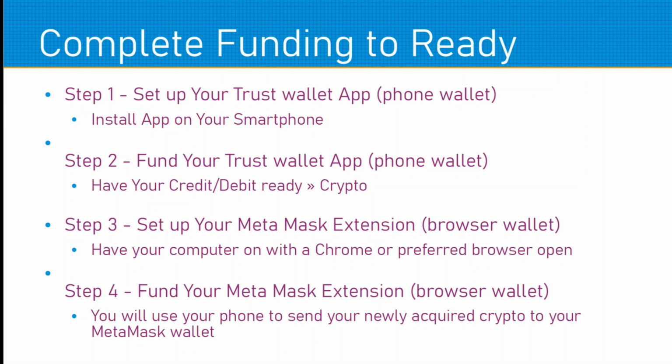And then we moved the funds that we got in step 2 to step 4, into the MetaMask extension browser wallet, which you will then use to get into the accumulation project of your choice.